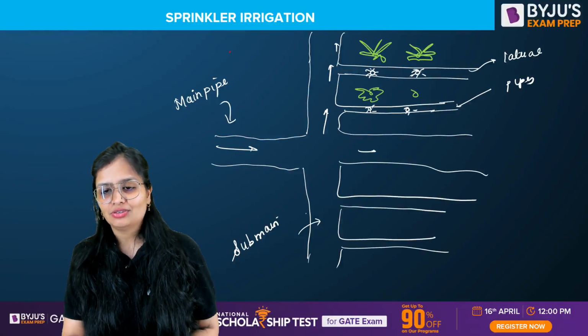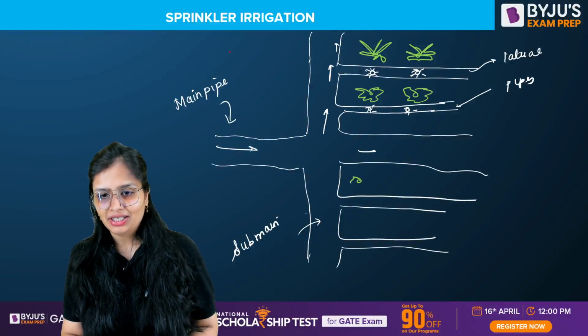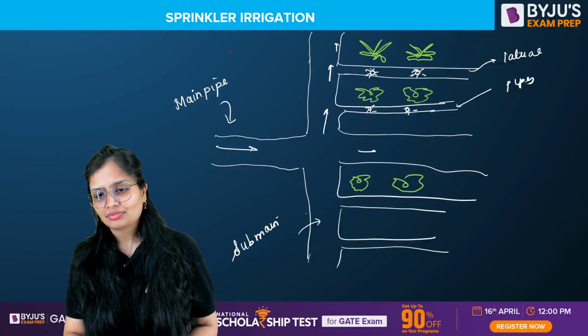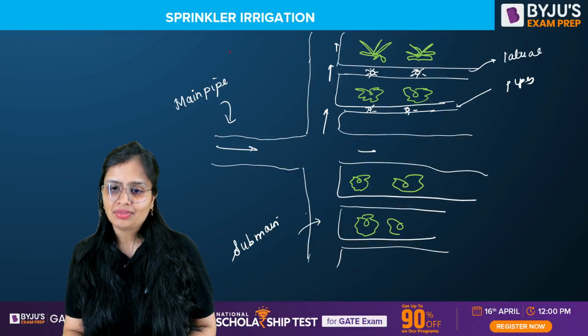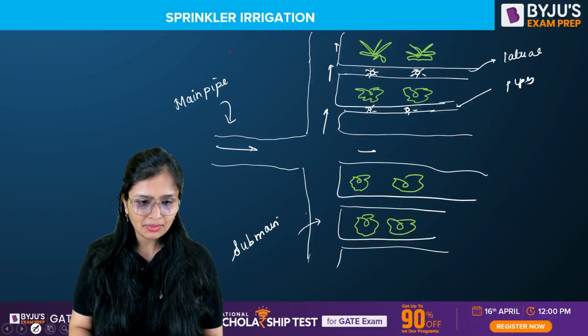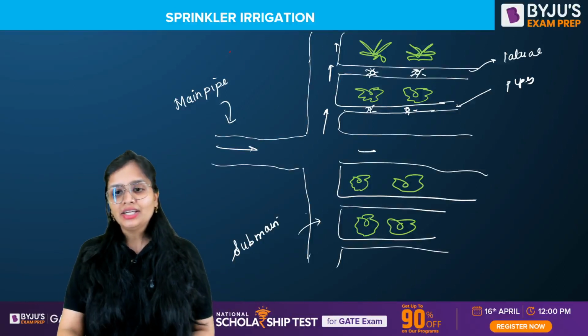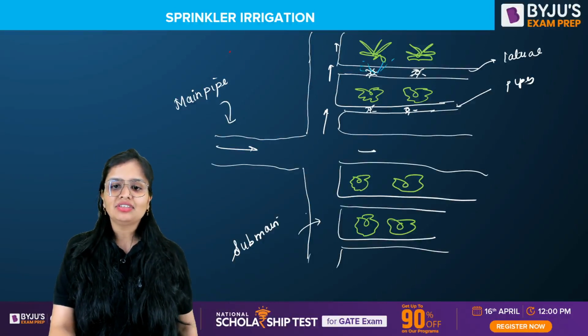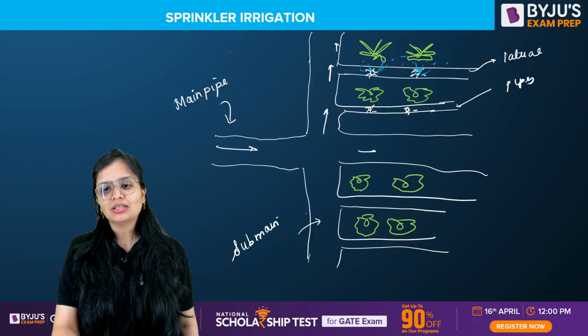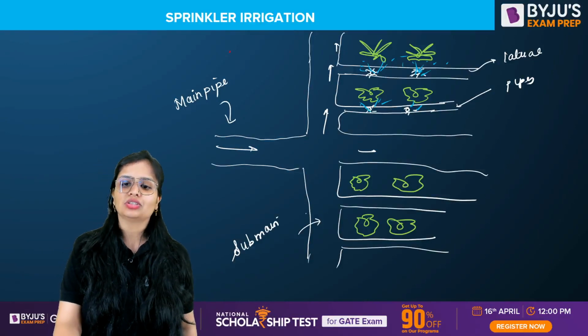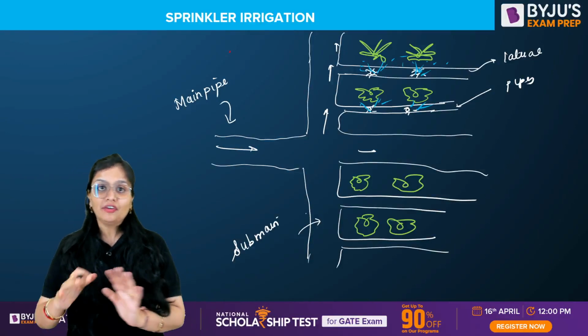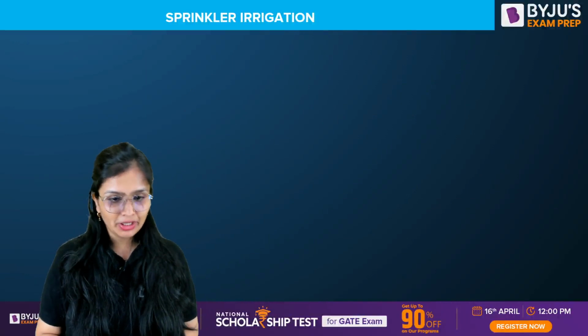I just have to tell you the basic idea behind it. These are the crops with the green color. What you will see is that perforations are there, and they will supply water to the crops. So this is the phenomenon. If you want more detail, I'll explain that also.